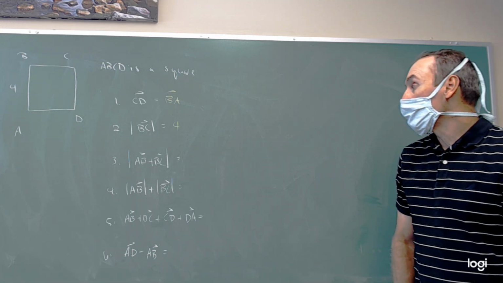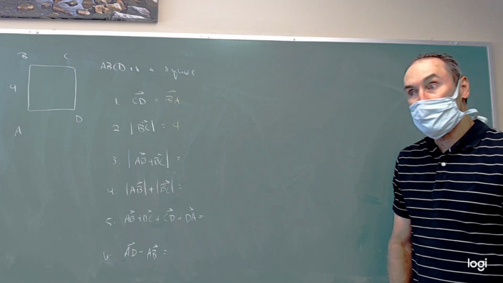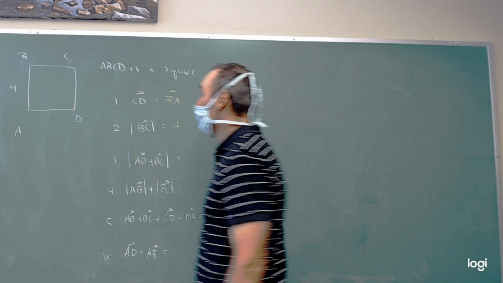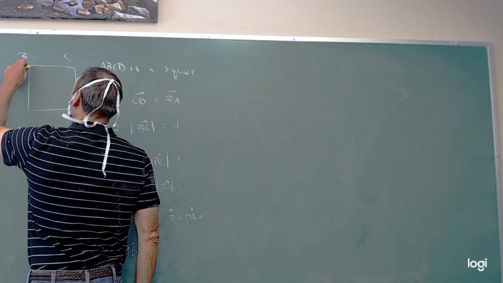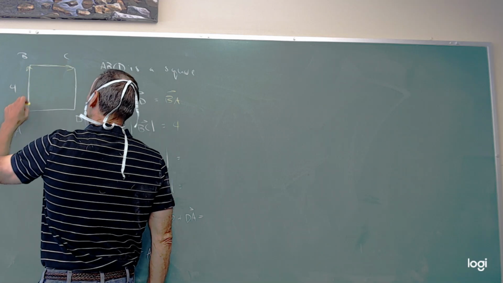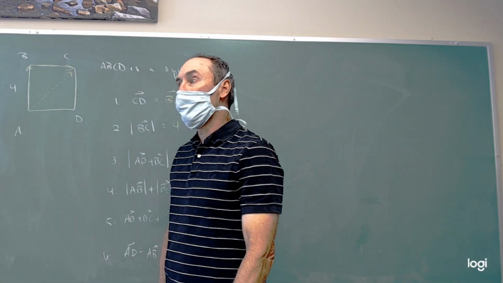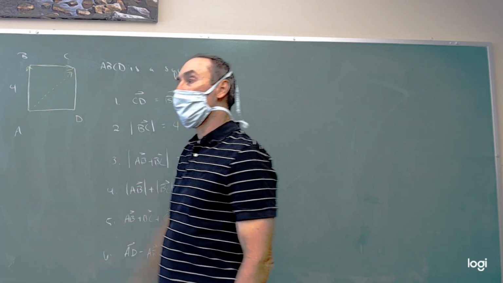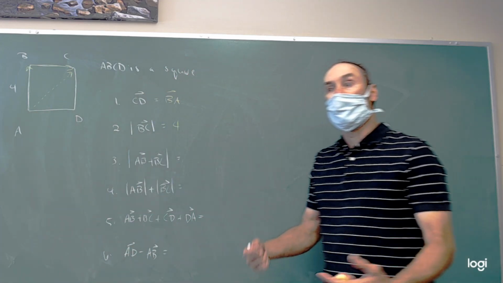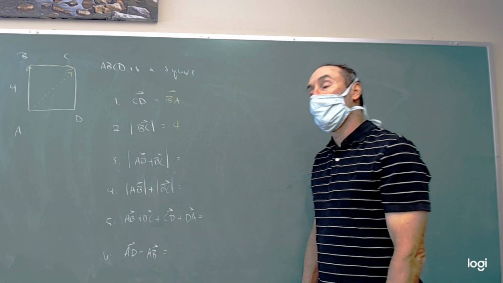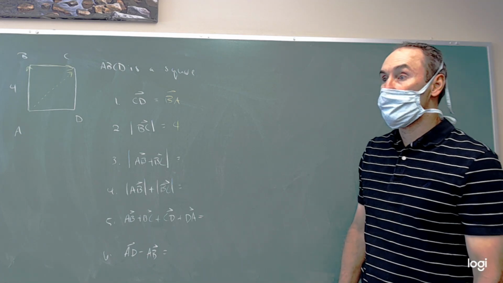Now, the magnitude of vector AB plus BC. If we go from AB to BC, that's going to be this vector right here. So that's the diagonal on that square. And using a little Pythagorean theorem, that's going to be how much?